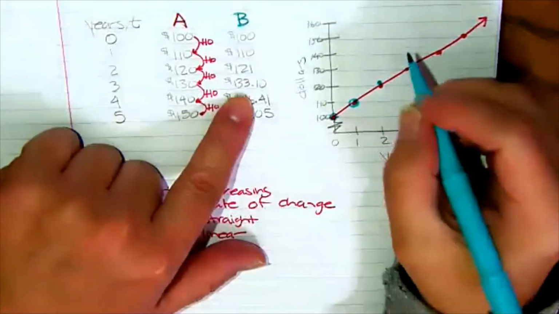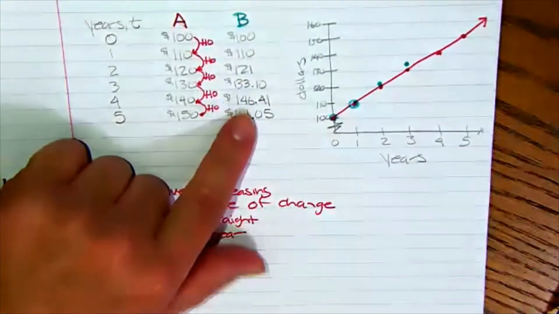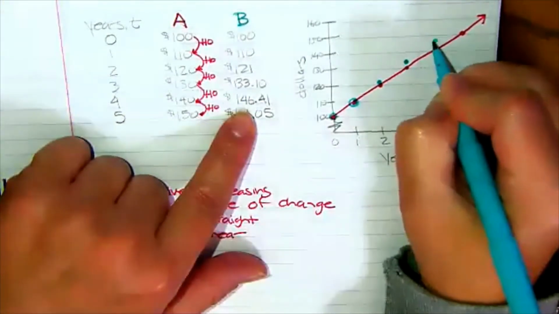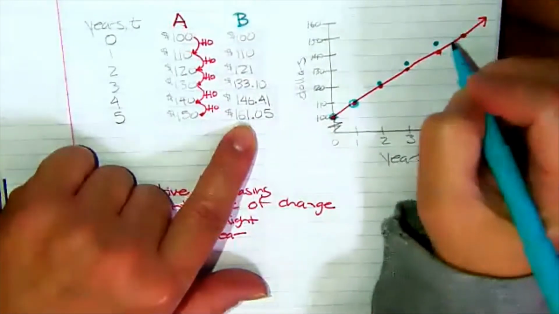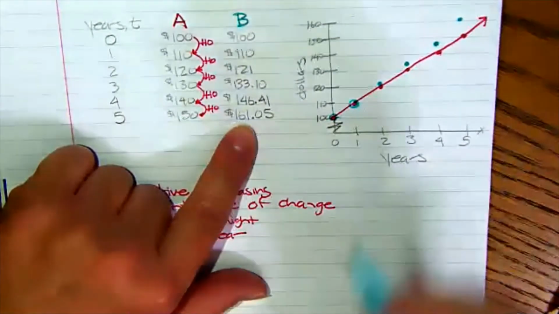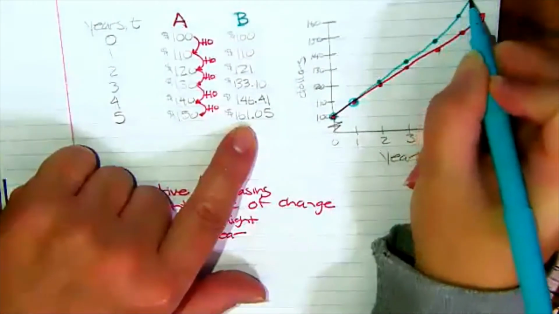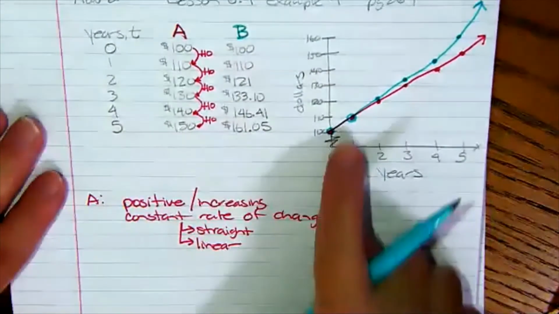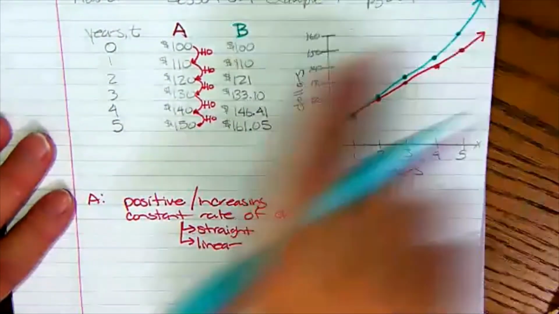After 3 years, we've got $133.10. After 4 years, we have $146. And after 5 years, we have $161. When I look at this, that line doesn't look very straight to me. It looks like it kind of curves.